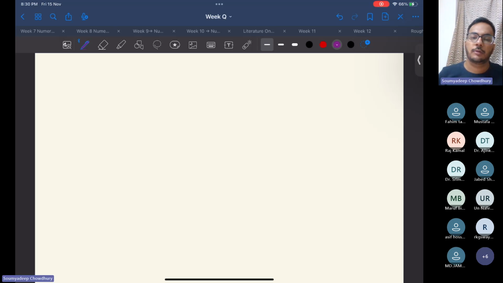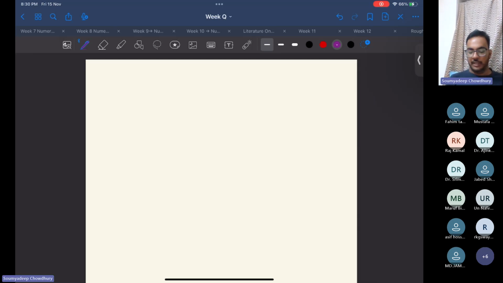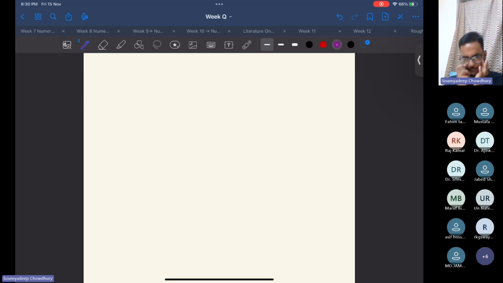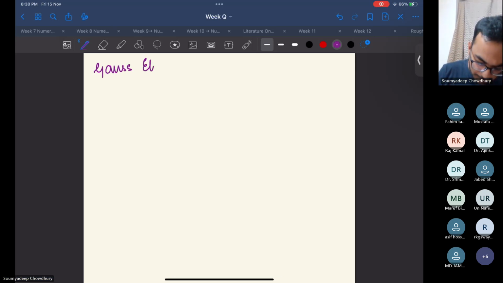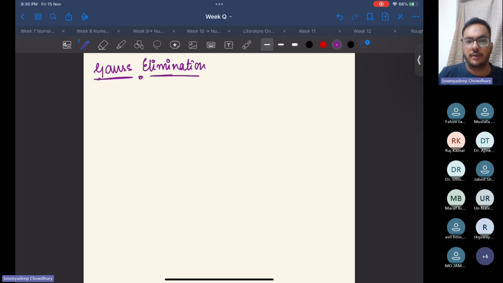So now we will move to a technique of solving linear equations, which is known as Gauss elimination. Are all of you familiar with what a Gauss elimination technique is? No, sir.